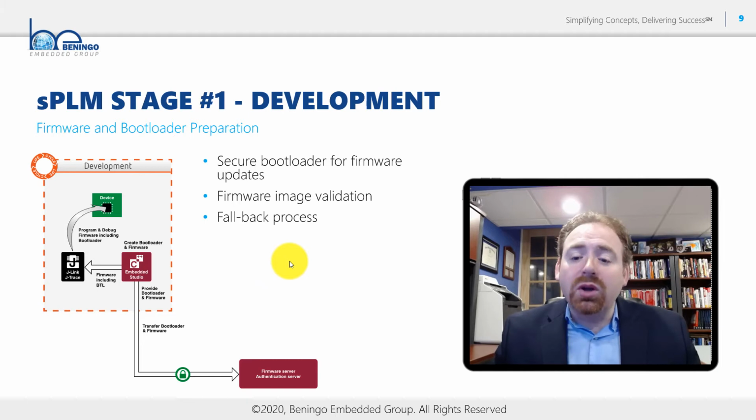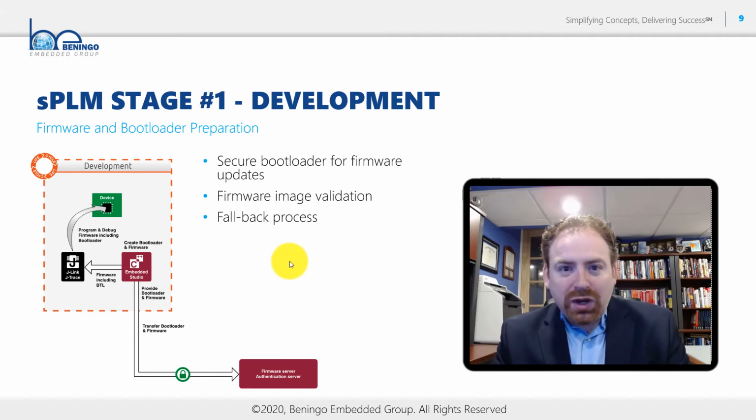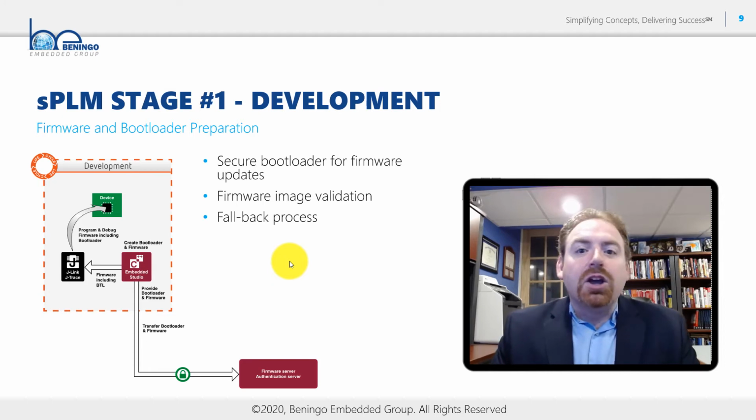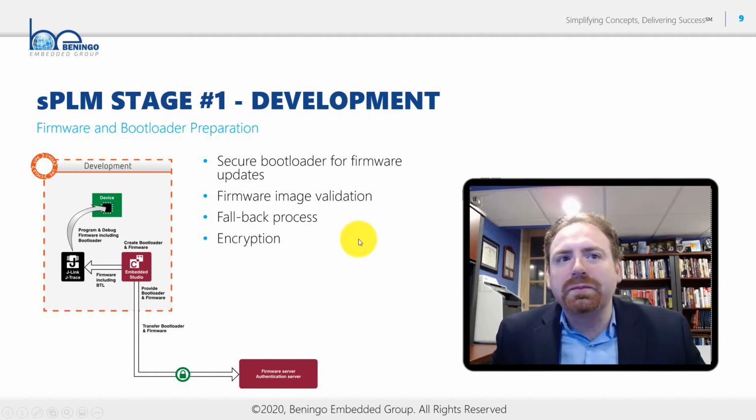So a lot of times in these bootloaders, you decide what your fallback process is going to be. Do we only allow, once I get to 1.3, only a 1.4 version of firmware? And it's got to be, of course, signed and certified, so that you have to know the proper keys in order to put those devices on there. So that ends up being a critical thing to think through: this fallback process.